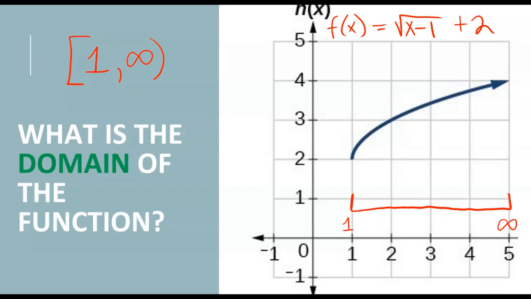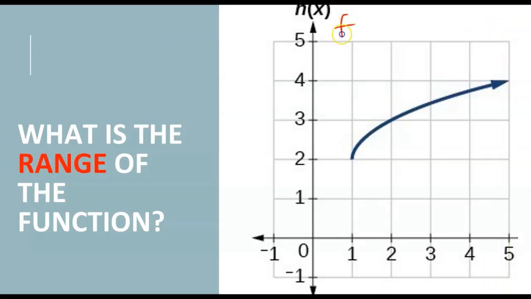All right, let's find the range. So again, we are working with the same graph. The range is the set of all y values. So we're scanning our graph from negative to positive, but in the y direction. And so looking at the lowest point of our graph first, what is the y value at that point?